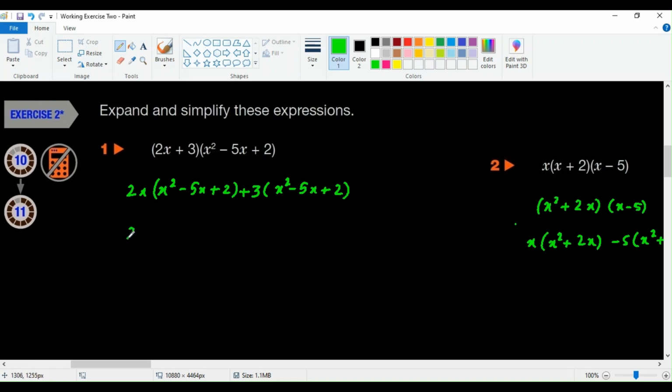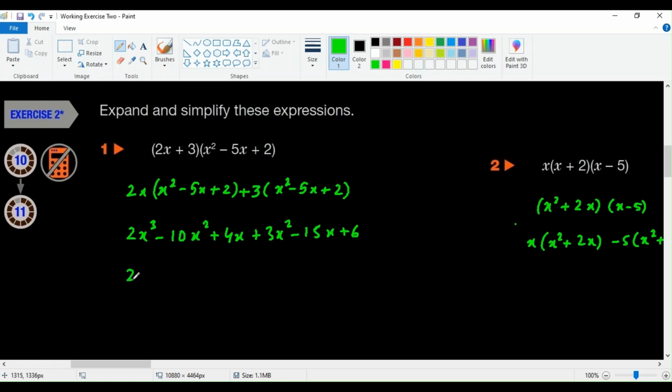So first one is going to give us 2x cube and minus 10x square, and then it gives us plus 4x. Then the next one is going to give us plus 3x square and minus 15x, and plus 3 times 2 is 6.